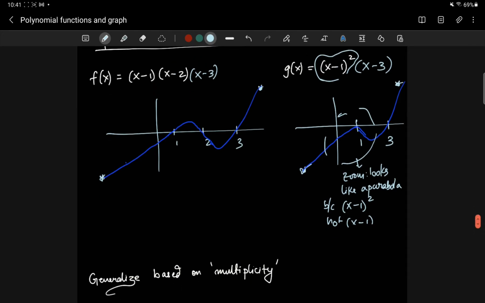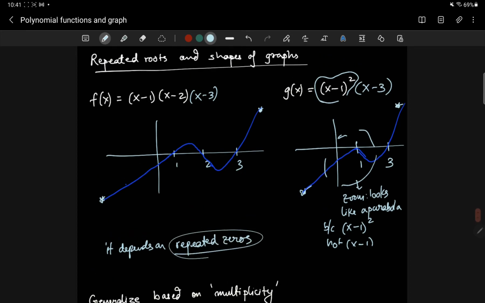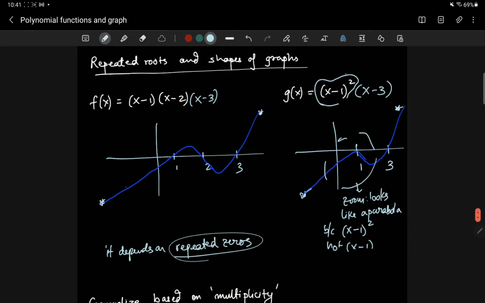So basically what this means is, it depends on the repeated zeros. The fact that (x - 1) is squared here means that 1 is a repeated root, right? Only the intercept 1 is repeated because it's squared.